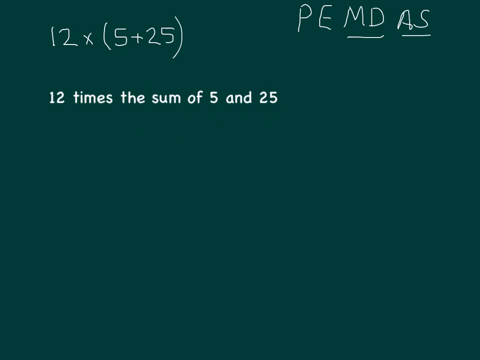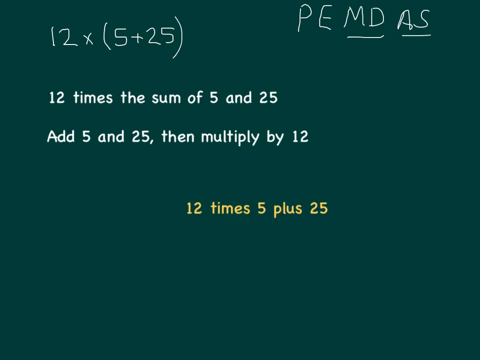So that's one way I could do it. Here's a second way. This is not quite as elegant, not quite as nice an answer, but it works. I can say add 5 and 25, comma, then multiply by 12. That comma is important. It's telling me that this is a separate thing from this, as the parentheses show.